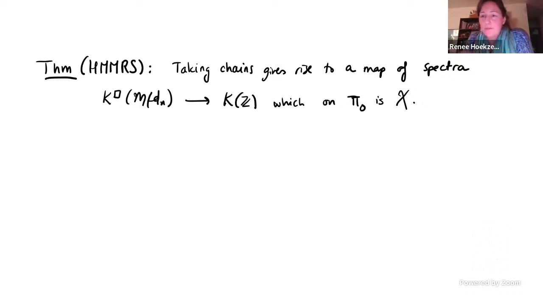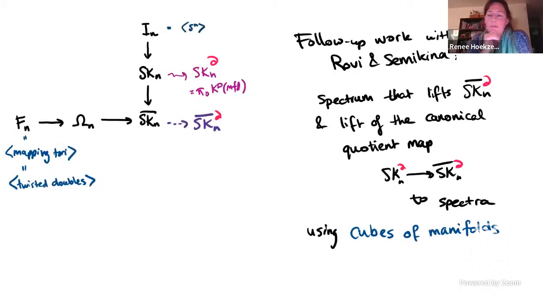But of course, it'd be nice to understand more, and hopefully it'd be nice if the spectrum would give us nice invariants on higher homotopy groups, for example. And one thing that we would really like to do is to understand this link to cobordism. So I had these two short exact sequences before, and it'd be nice to understand these on the level of spectra, so lift these to spectral maps.